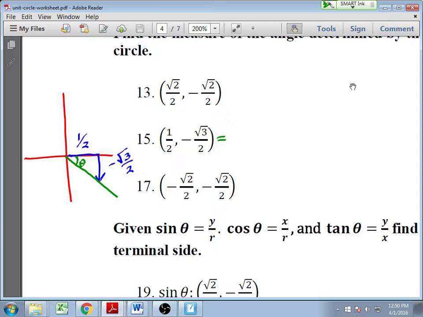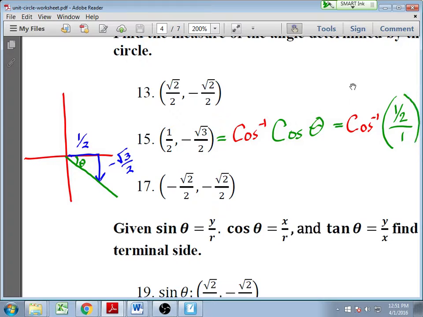Cosine. So cosine of theta will be the adjacent, 1/2 over 1. Again, we then have to apply my inverse cosine. Inverse cosine of 1/2, and you got your answer.